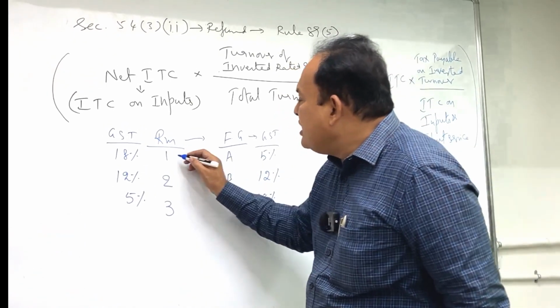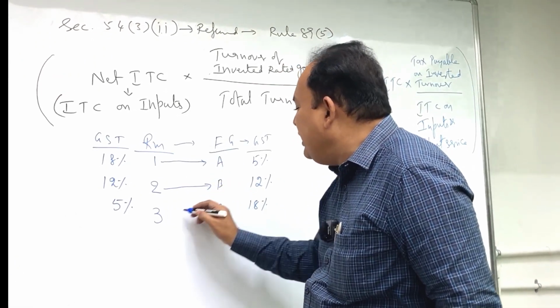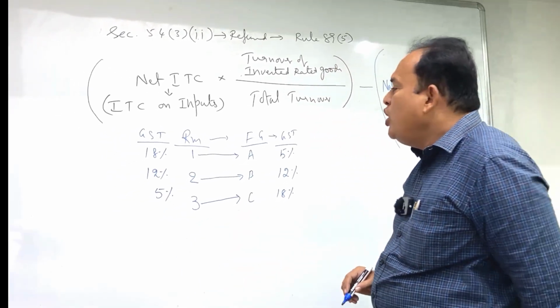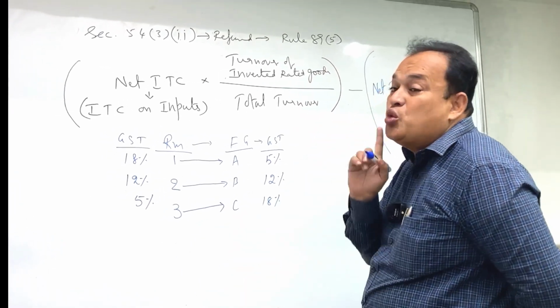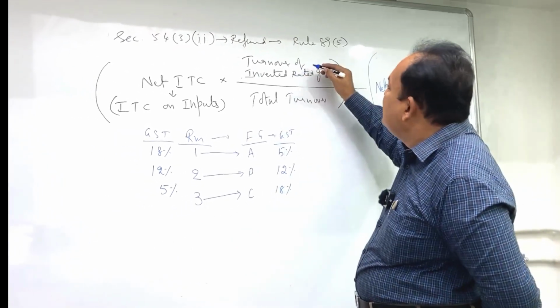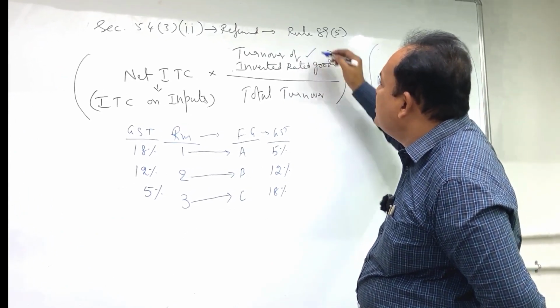Now raw material 1 is used for production A, raw material 2 for production B, raw material 3 for production C. Now in the given case, which one is called inverted rated turnover of inverted rated goods?